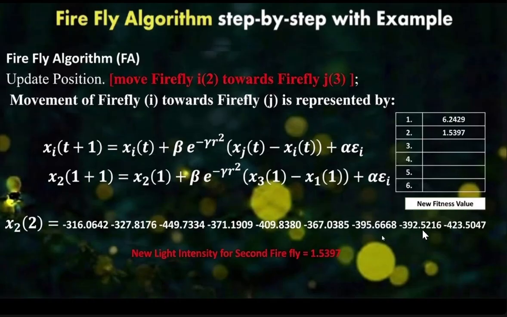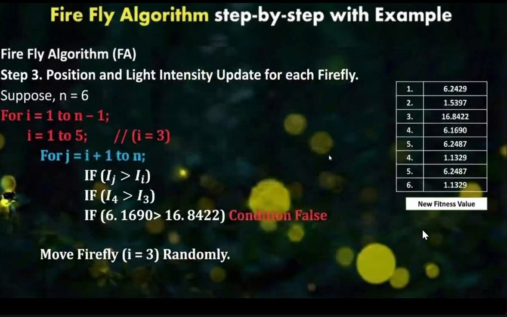Similarly, we can find the light intensity for the rest of the fireflies and compute them, as shown in the next slide. So as you can see, the new fitness values are shown in the table over there.